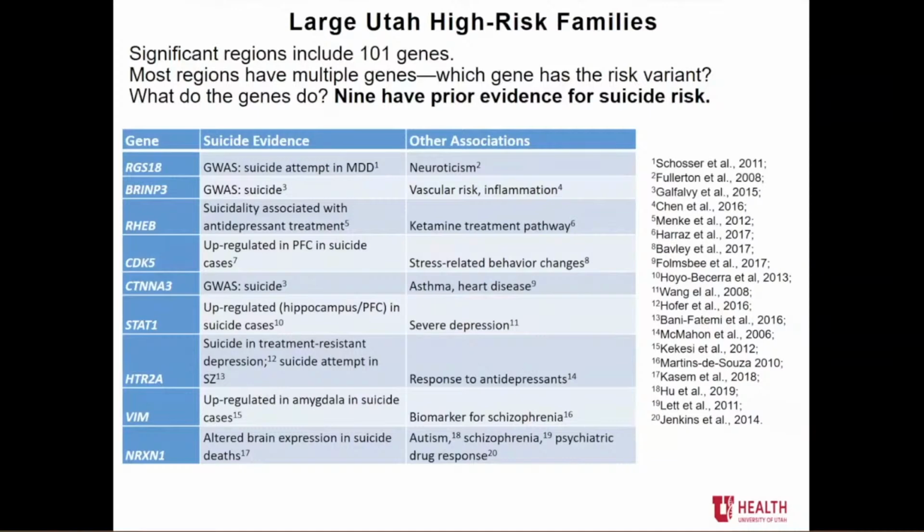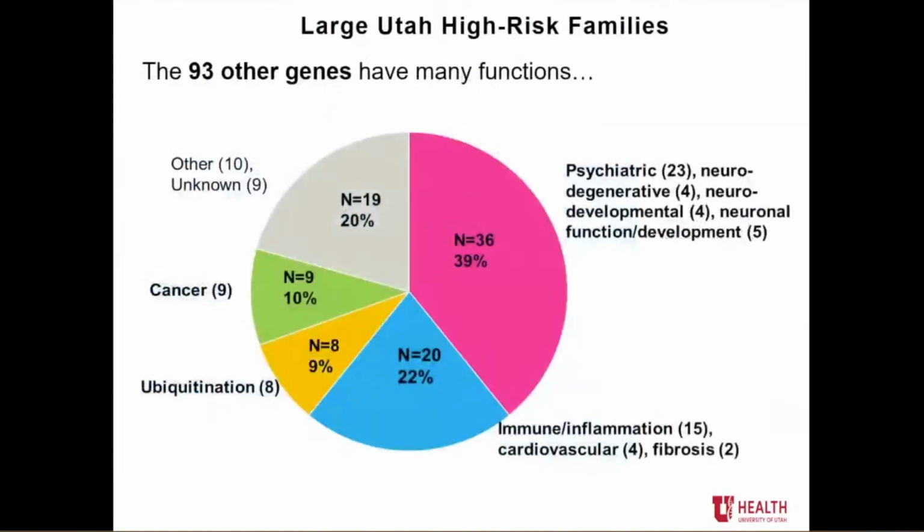We could look at what do these genes do, and that was one obvious choice. We did find several genes here that actually had prior evidence for suicide risk, and these were definitely on the top of the list to look at. But there are a lot of genes in these regions, and many of them may be very interesting. 93 other genes, they have many functions.